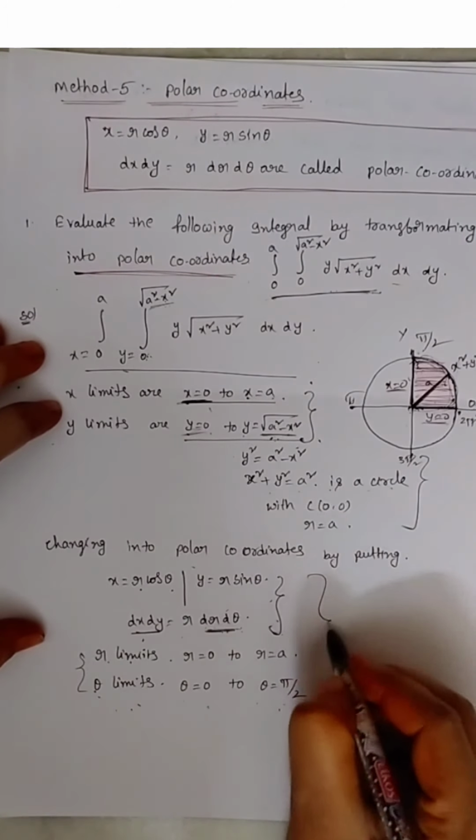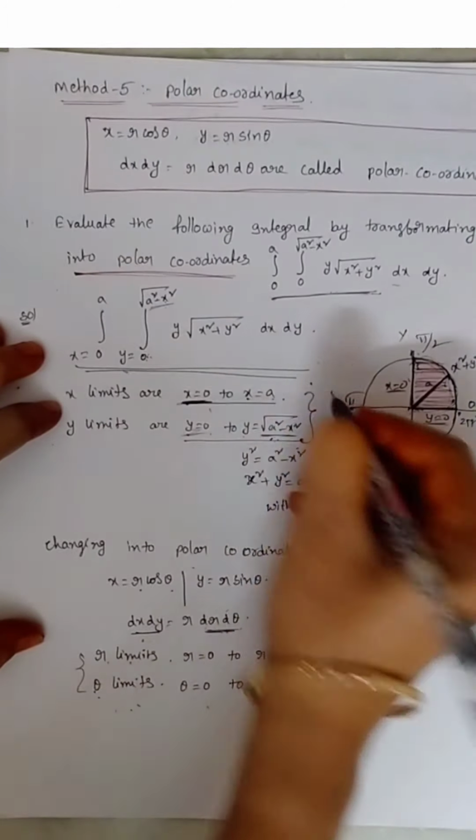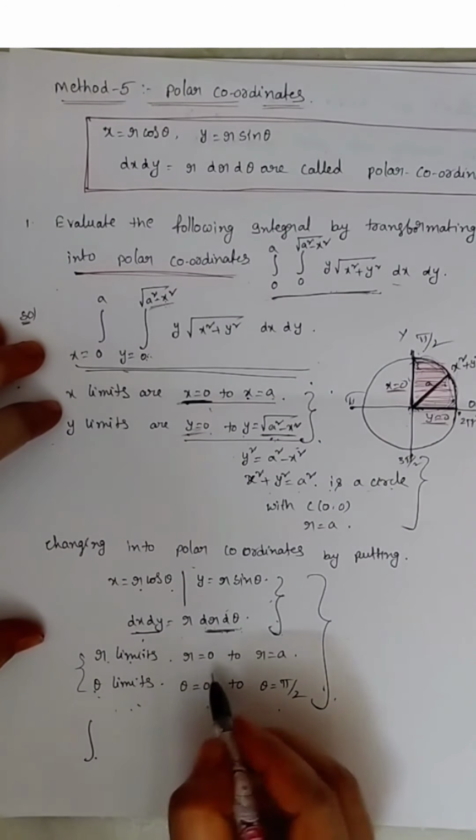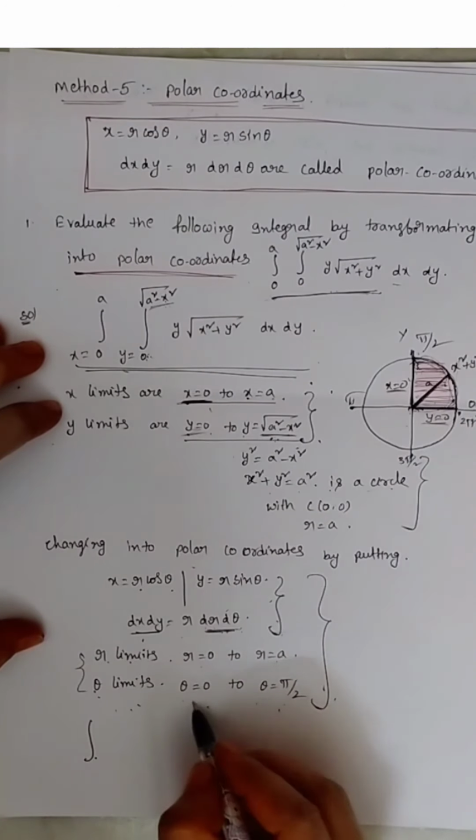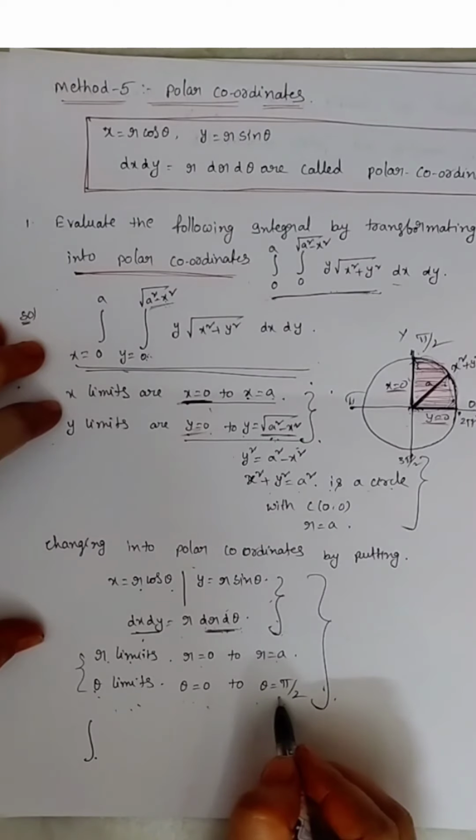Now all this we have to substitute in the given problem. Integral 0 to a is constant and theta equals 0 to pi by 2 is also constant.